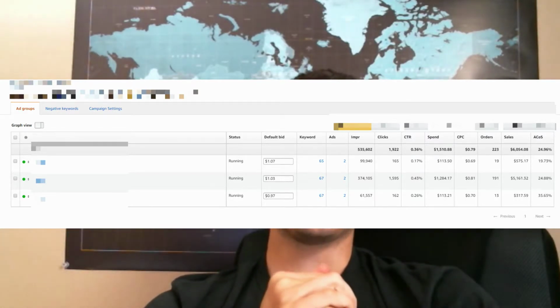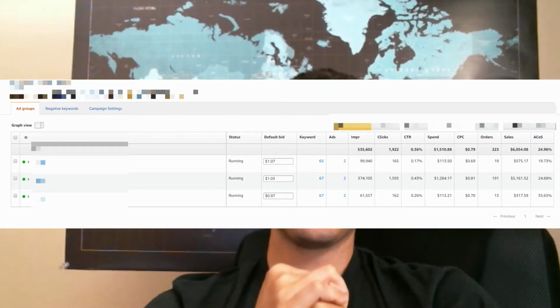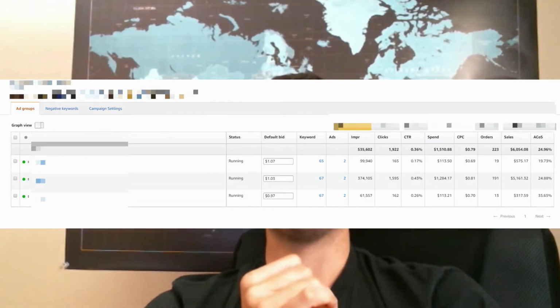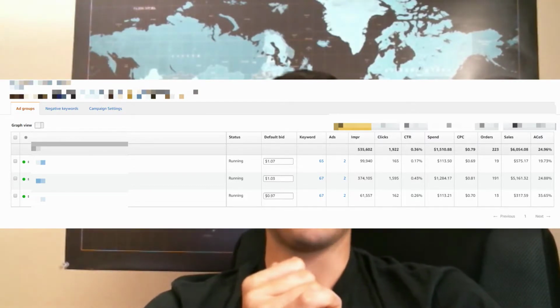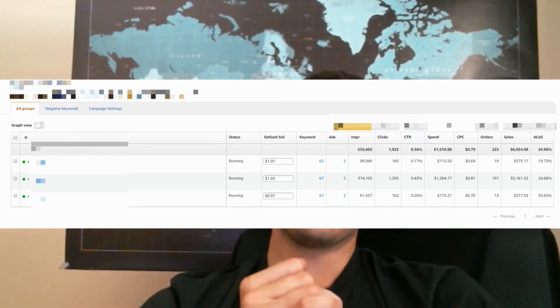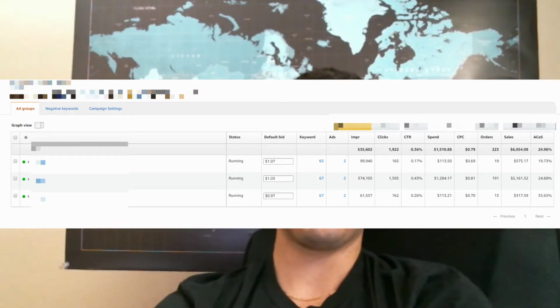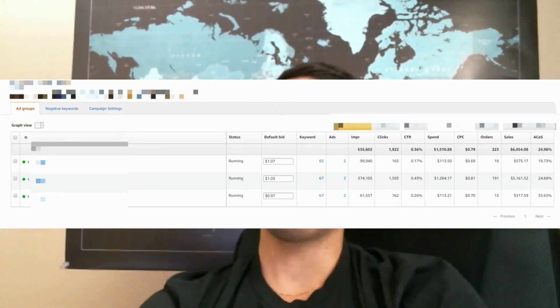Because $5 out of 20 is 25% of your average cost of sale. I know it's a little weird to think about, but that's just how it is. So if you're generating a $20 sale and it's taking you $5 to do that, that's a 25% ACOS. And generally that's a pretty good metric, believe it or not. Most sellers cannot consistently get that number.